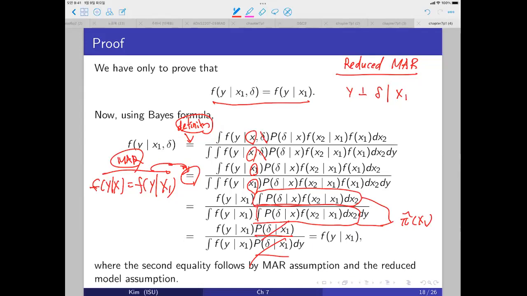And then this guy has nothing to do with Y, so they just cancel each other. And then you take the integration over Y, which is equal to 1.